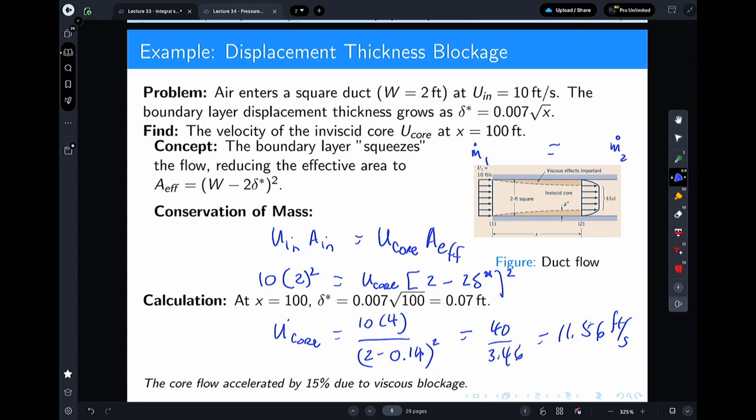So essentially, I've created a new area where all of the fluid's going through. Now, clearly, there is material going through the boundary layer component. I'm not considering it, but it's not as much as what had to be squeezed out in order to go through. Go ahead.